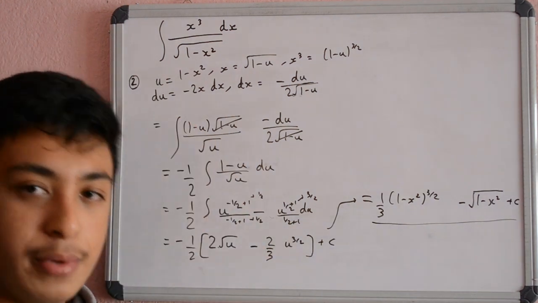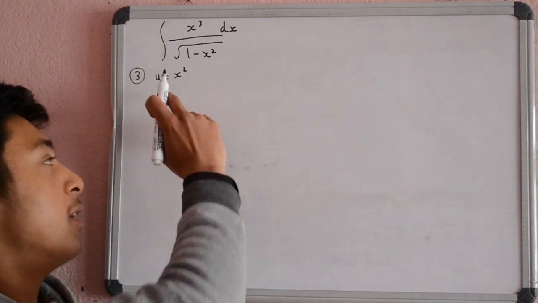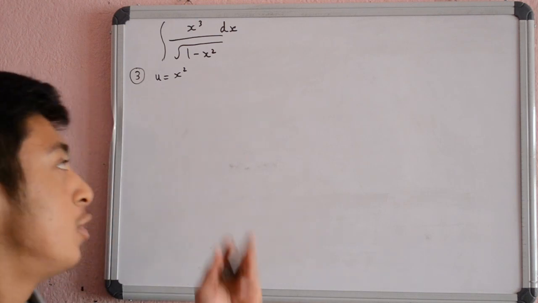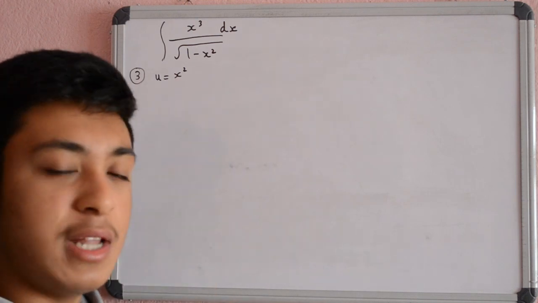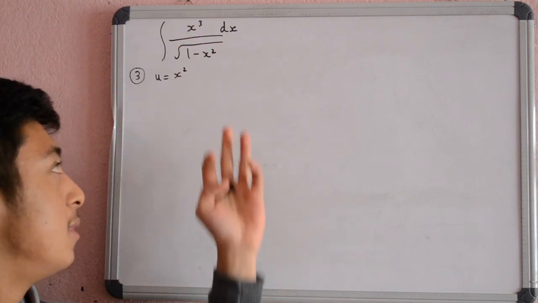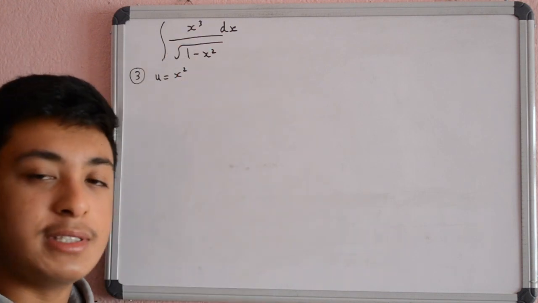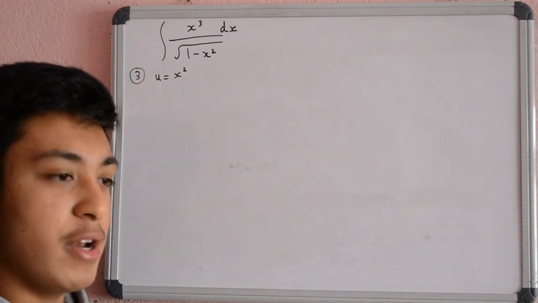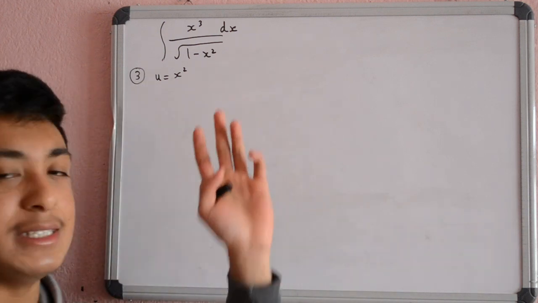Now in the third method, I'm just going to be using u equals x square, or substituting u as x square. Now this just shows how interesting this integral is, because you let u equals 1 minus x square, you'll get the answer. You let u equals x square, and you'll also get the answer. Let's see how.